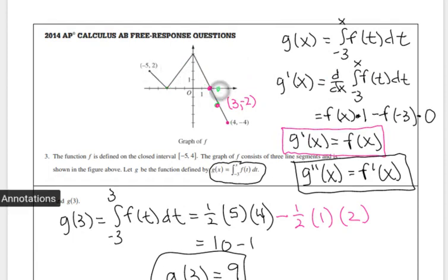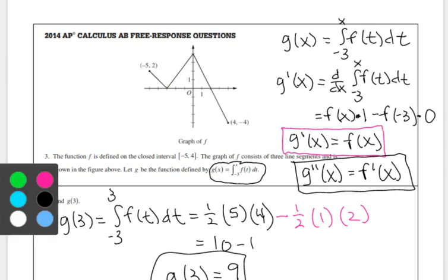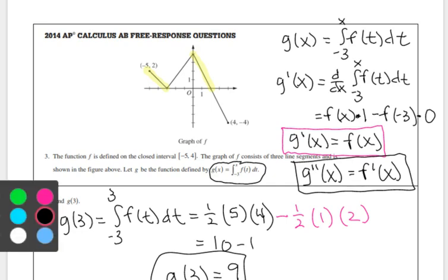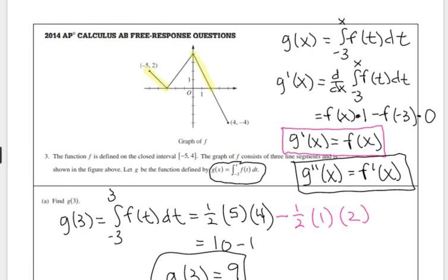Let's think about what that might be. I'm going to get rid of all these marks that are on here. Here we are above the x-axis and we have a negative slope, and here we are above the x-axis and have a negative slope. So we're going to write about those two intervals: -5 to -3 and 0 to 2.